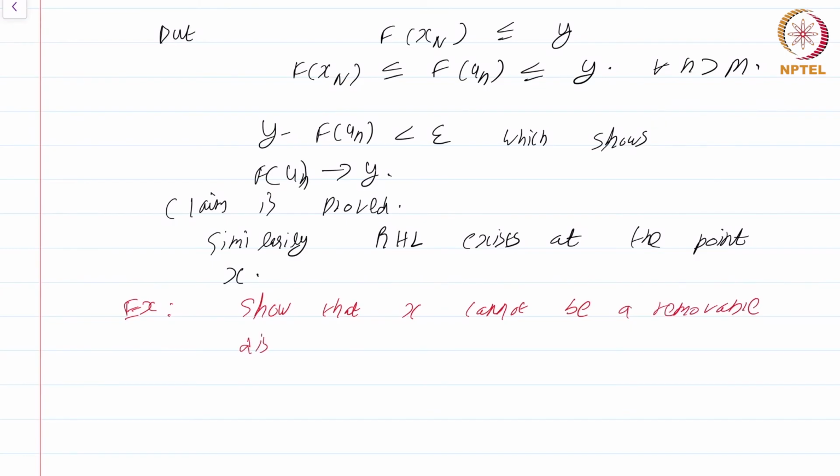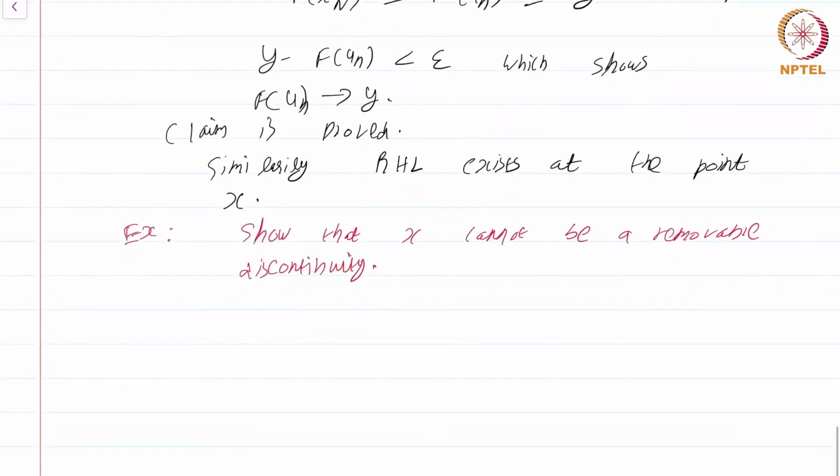I keep using the word singularity because I'm a complex analyst. If you learn complex analysis, you will understand why I keep saying removable singularity. I apologize in advance. If I say singularity, I am entrusting you with the task of interpreting it as discontinuity. Show that x cannot be a removable discontinuity. That will complete the proof.